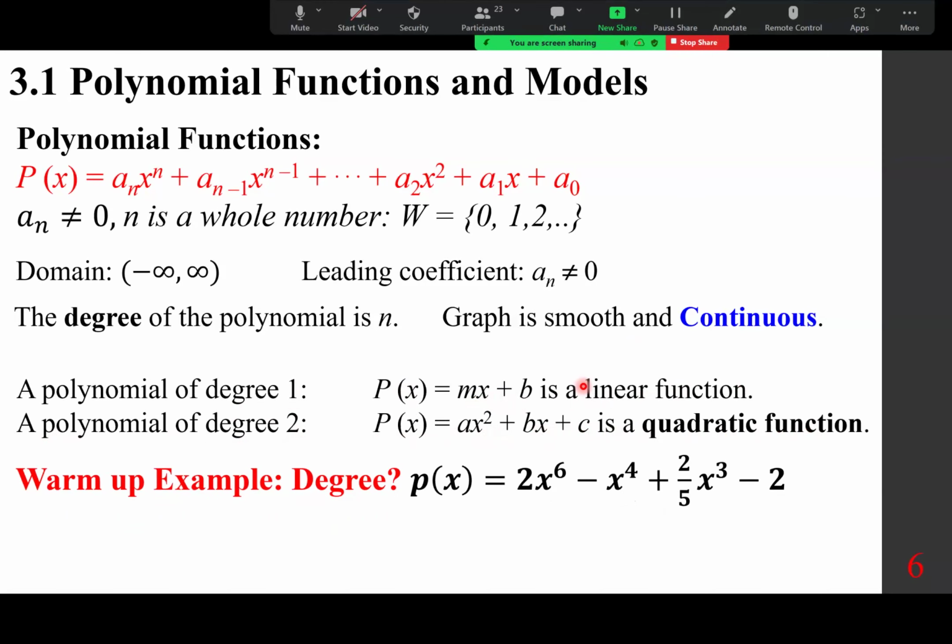In other words, we are already familiar with polynomials. And a warm-up example, what would be the degree here? P of x is 2 x to the power of 6 minus x to the power of 4 plus 2 over 5 x cubed minus 2. This is the leading term. The degree is the exponent on that, which is 6. So again, terminology. This is the leading term.